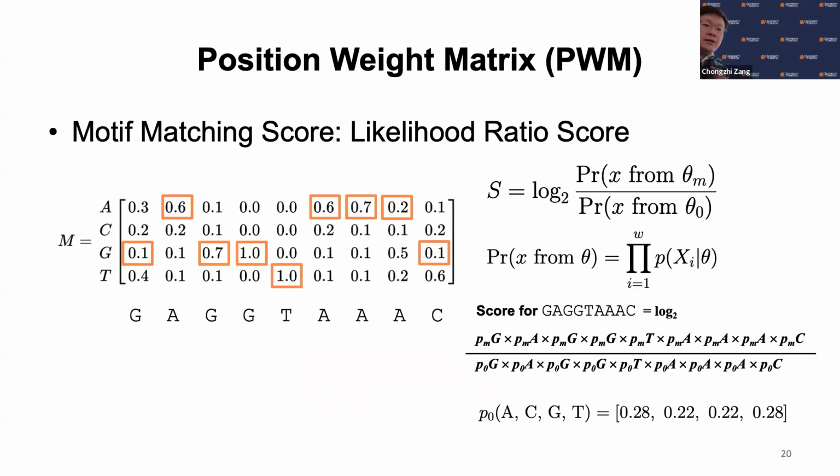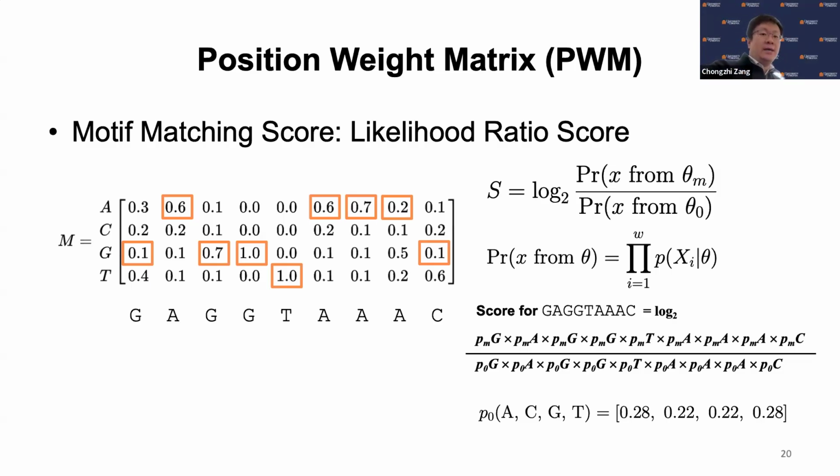And then, now that we have a quantitative representation of a sequence motif using a position weight matrix, once we have a DNA sequence, we want to know how well this particular sequence matches the position weight matrix, matches the motif.